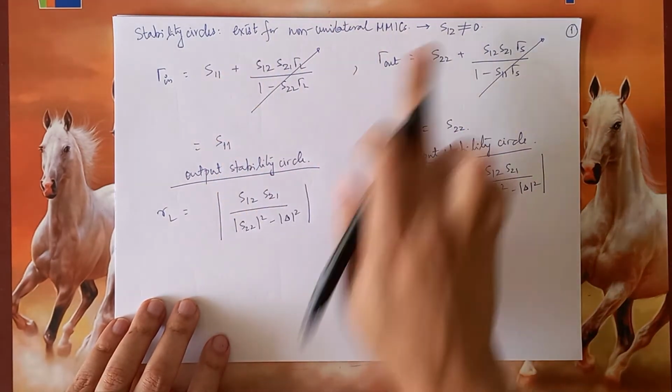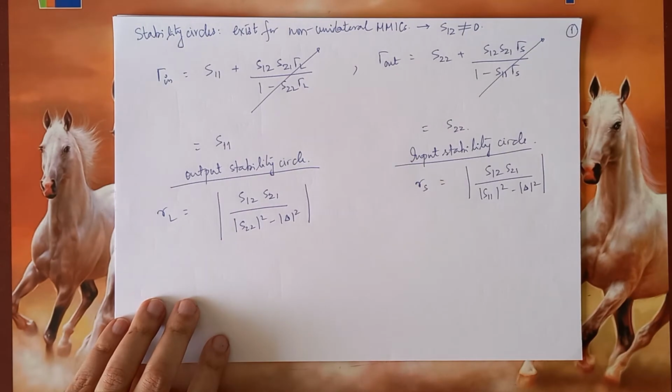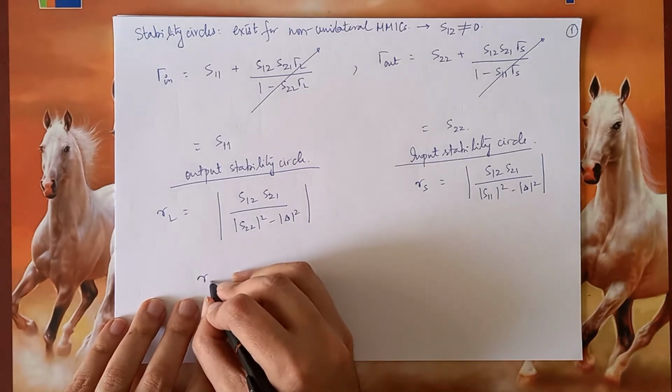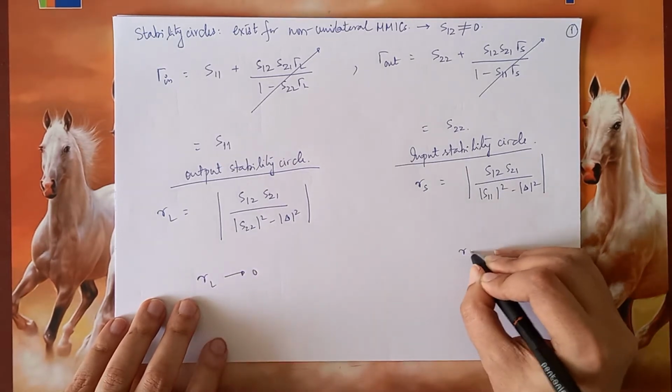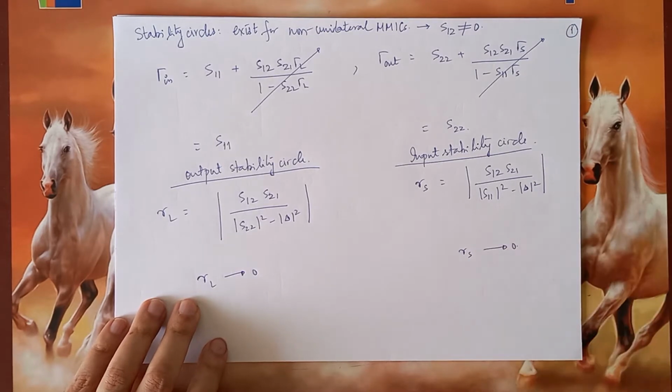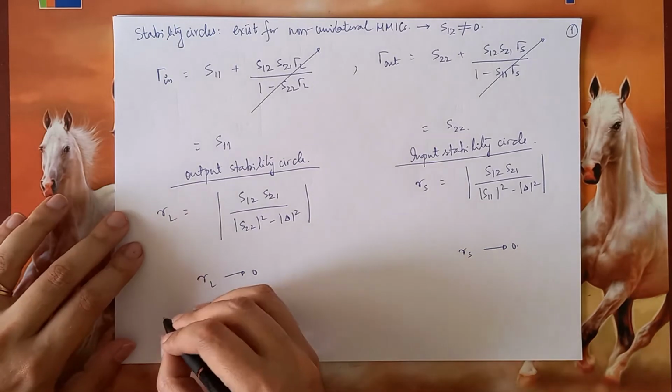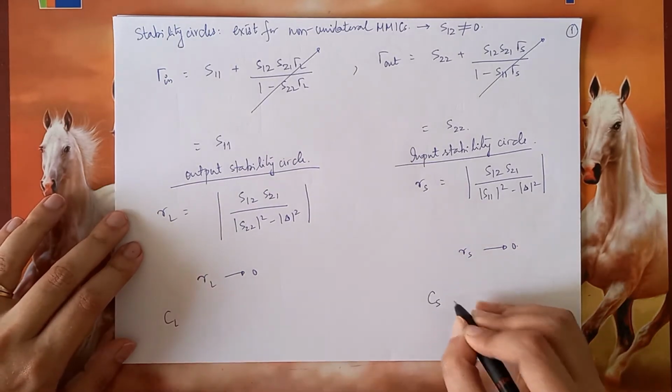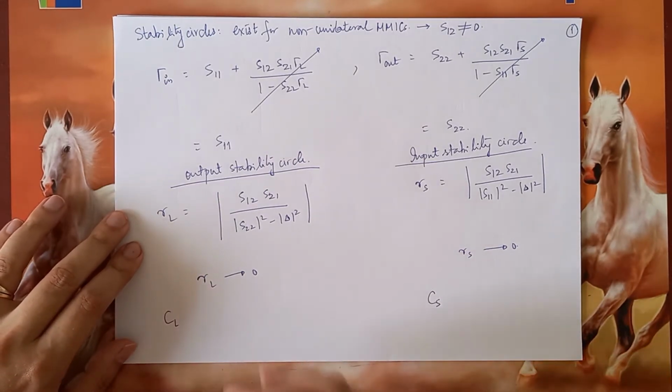Now if S12 becomes 0, then RL tends to 0 and RS will also tend to 0. However, CL and CS will not be 0, because the numerator of CL does not depend on S12.